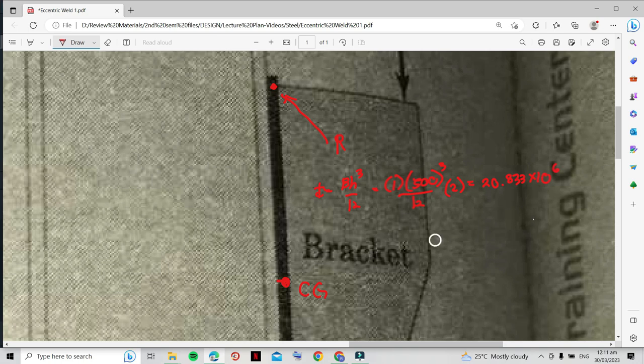That's our I. We only have one I because we have only one welded group.